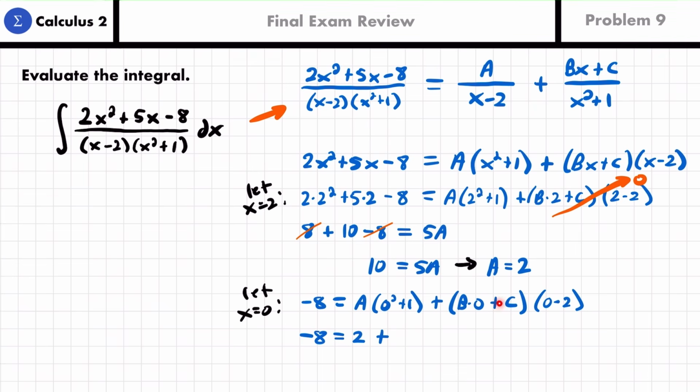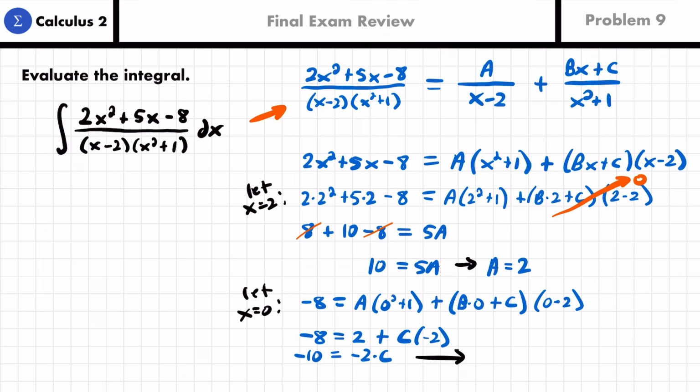So you just have 0 plus c, which is c. And c is being multiplied by 0 minus 2, which is negative 2. Okay, and then to solve for c, subtract 2 from both sides, giving you negative 10 is equal to negative 2 times c, and then dividing both sides by negative 2 will give you positive 5, because negative 10 divided by negative 2 is 5.